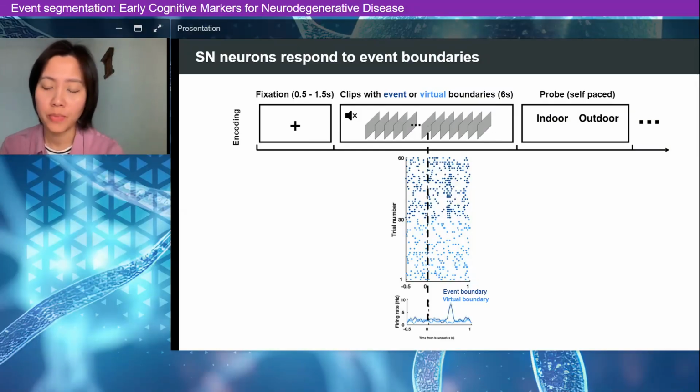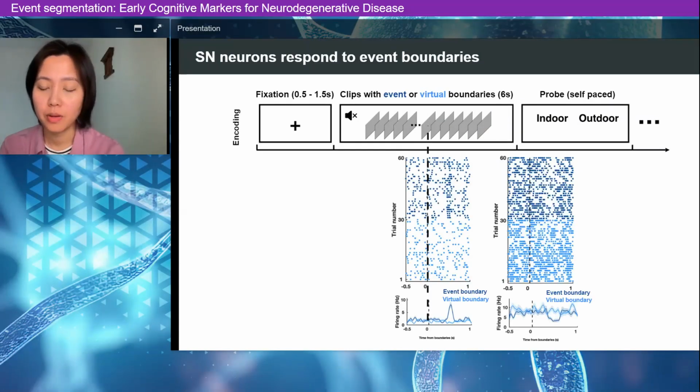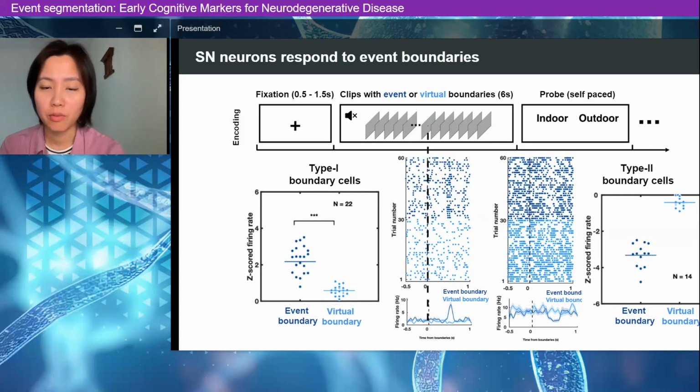As shown here, this neuron increased firing rates following the event boundaries against the baseline, also against the virtual boundaries. We also find another type which suppress their firing rates following the event boundaries against the baseline, also against the virtual boundaries. And among all the subjects we have recorded, we have observed 22 of this and also 14 of this kind of boundary cells in the substantia nigra that either increase their firing rate or decrease their firing rate in response to the event boundaries during clip watching.